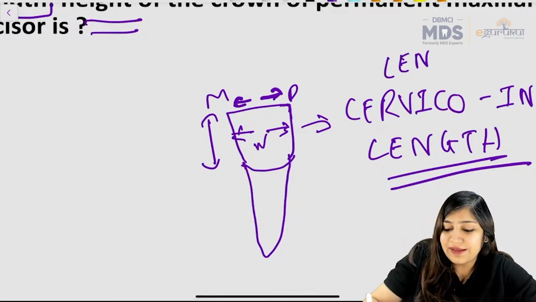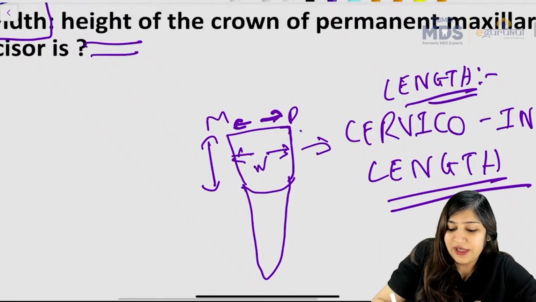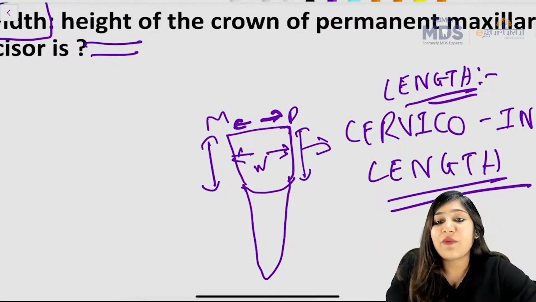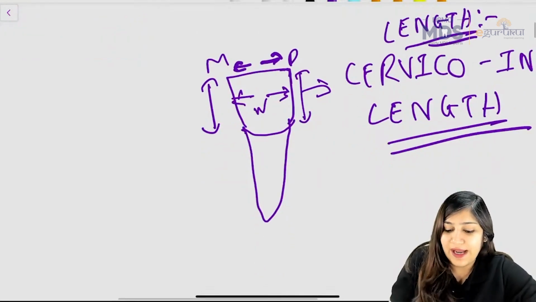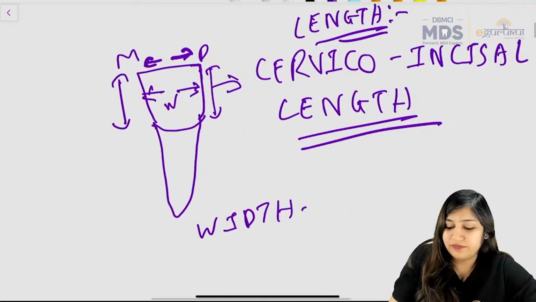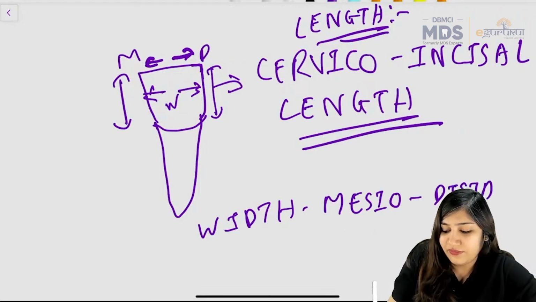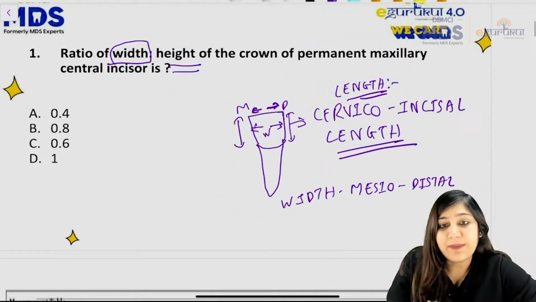Length is the cervico-incisal length, this, right? And width is the mesiodistal dimension.